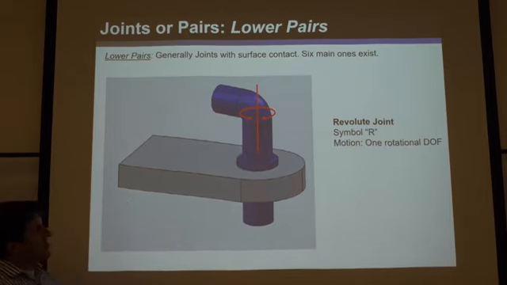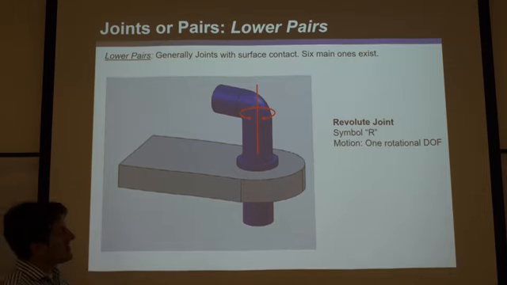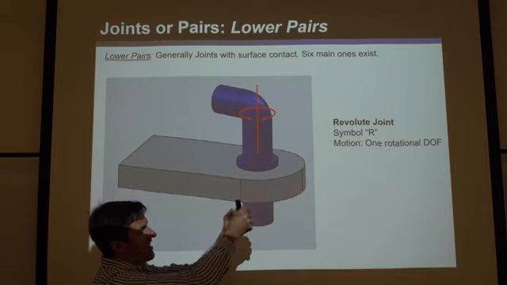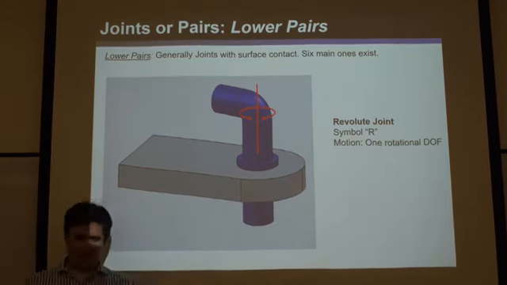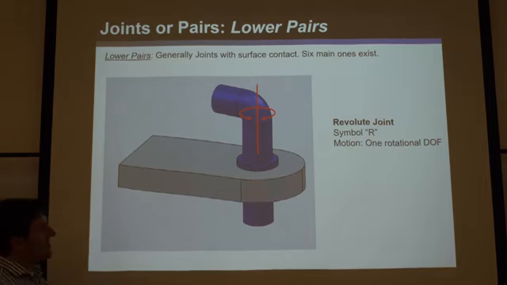And so you can see it's 1 degree of freedom. That has nothing to do with the fact that it's a lower pair. The thing that makes it a lower pair is that the cylinder is fully touching on a surface, and these 2 lips are touching on flat surfaces. So think of surface area. It's actually got a surface area, not a point or a line. That makes it a lower pair.